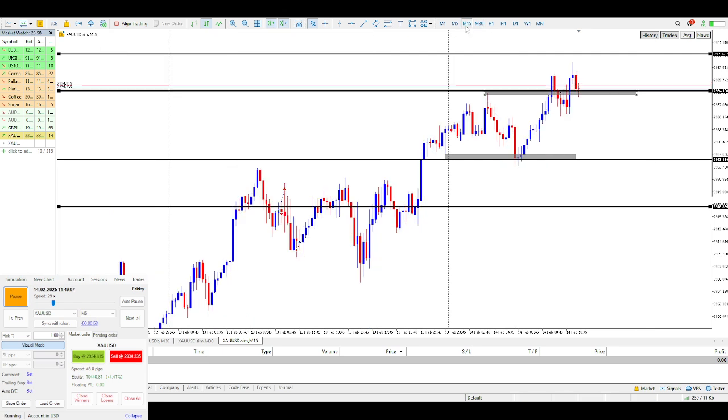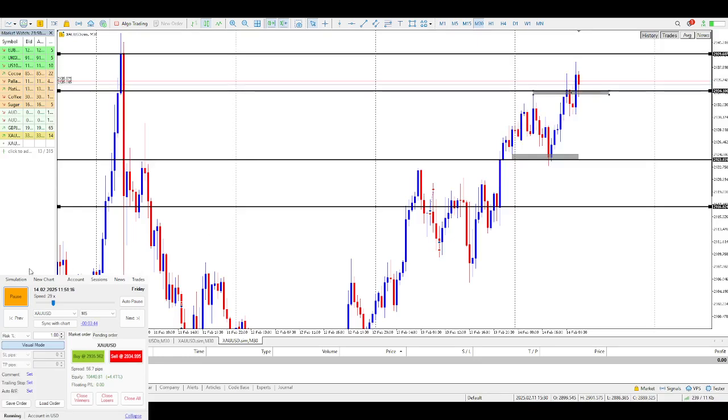Let's see, the M15 closed. Yeah, it broke the previous M15 low, so let's wait. I have to reduce the speed of how price moves.